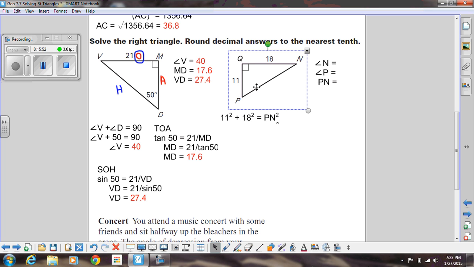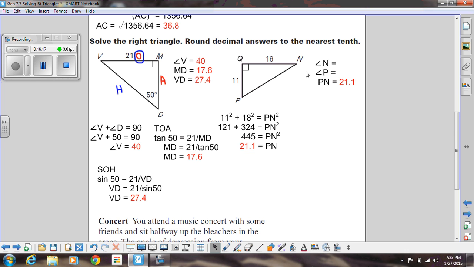I can just do Pythagorean Theorem right away. So I'm going to do 11 squared plus 18 squared equals PN squared. Remember, PN is like your C because that's the longest side. So you square both of those, add them together, and then we're going to take the square root, and that gives us that PN is 21.1. So that's pretty easy. That's what we've been doing all along.